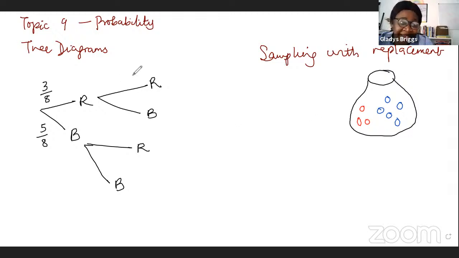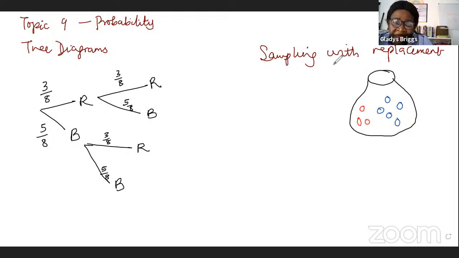In each case, the probability does not change because you replace the ball back in and then choose another one. So it's going to be still 3/8, 5/8, 3/8, and 5/8.